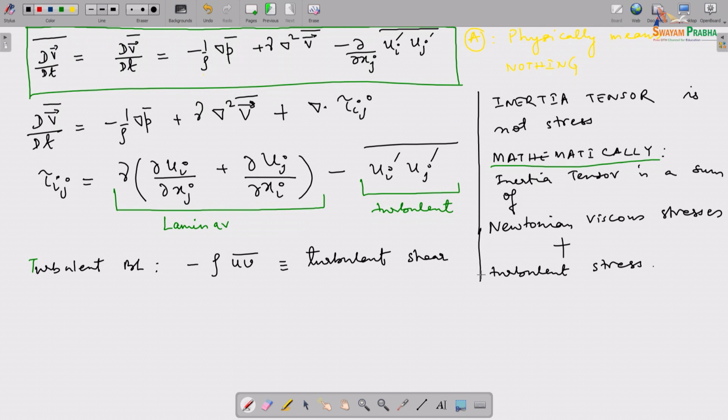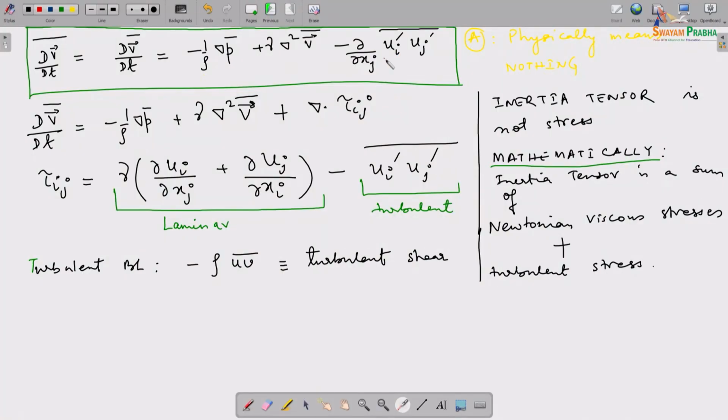So, I think that's all I have to speak as far as the Navier-Stokes equation is concerned. And when we introduce it, essentially what I did is I introduced the velocity for a turbulent flow, writing the velocity in terms of a mean and a fluctuating part, and we ended up getting a term something like this because of the time averaging. Now, if I do get that term, what does this mean? Well, physically it means nothing. But we are trying to understand this.